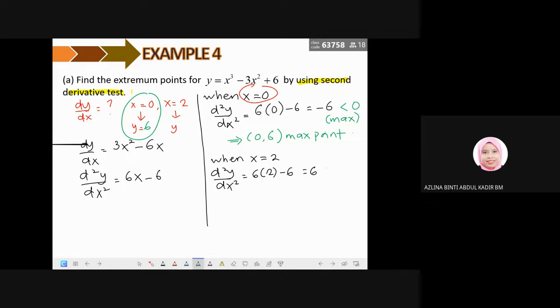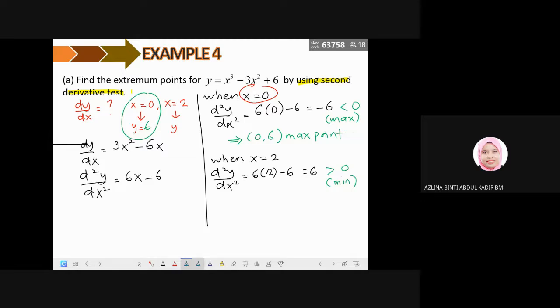So greater than 0, that means positive. Positif senyum, it occur a minimum point at x is equals to 2.